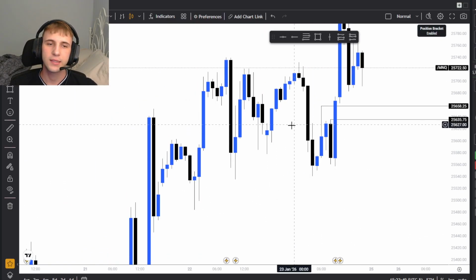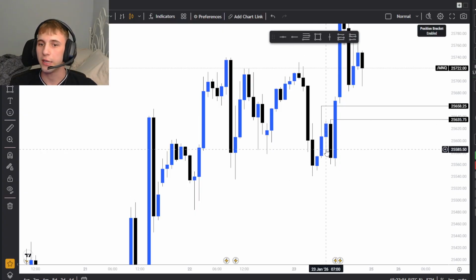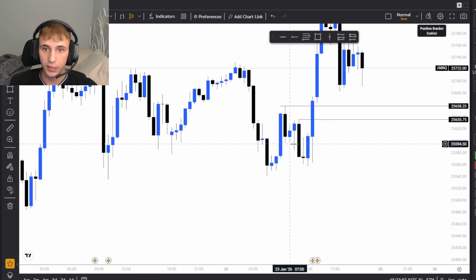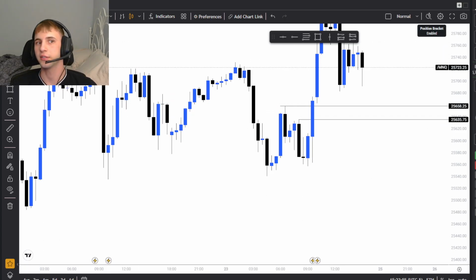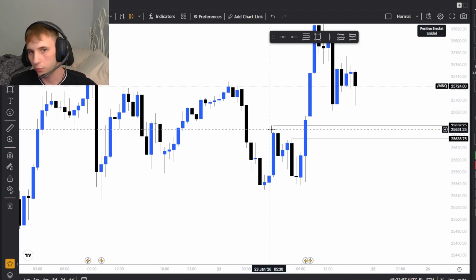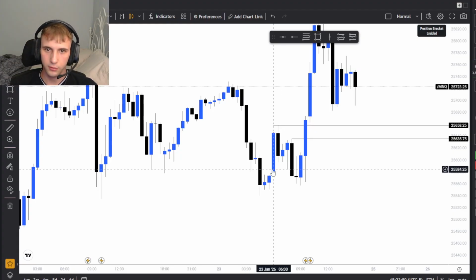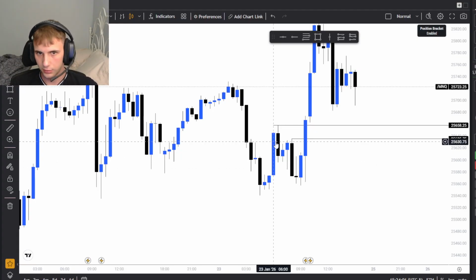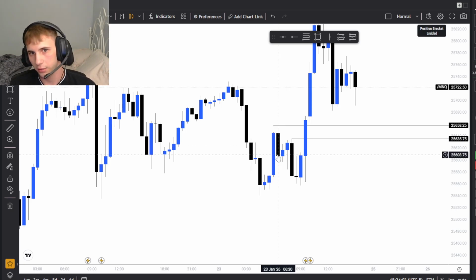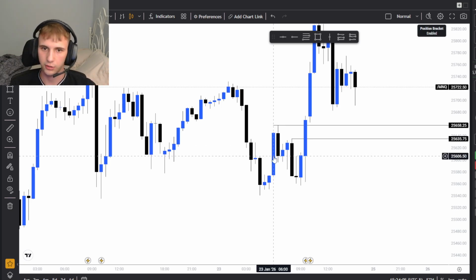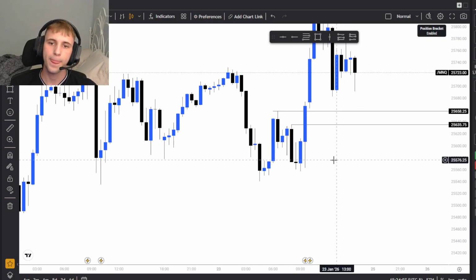Well, this is technically not considered an hourly high. This is considered a 30-minute high, because if we go down to the 30-minute time frame, we can see the pattern. It's a high because we have a bearish candle followed by a bullish candle followed by a bearish candle.